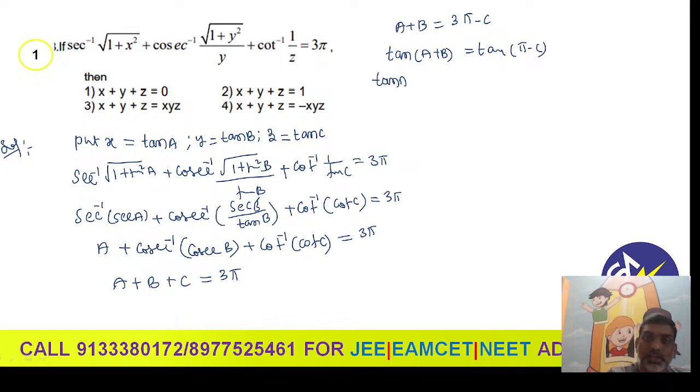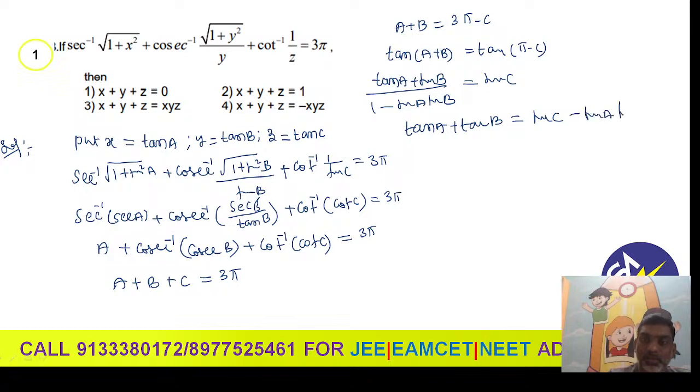So we get tan a plus tan b divided by 1 minus tan a into tan b, which is equal to tan c minus tan a, tan b, and tan c.